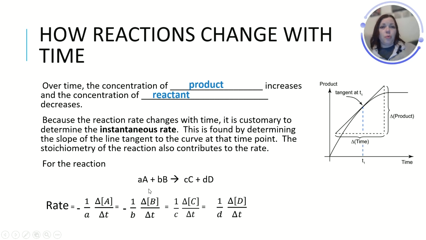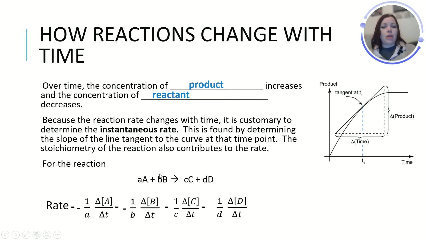Okay, so what does that actually mean? If you know how fast A is being consumed, then we know that B is being consumed b times as fast, if you want to think of it that way. So if your a is 1 and your b here is 3 for your coefficients, if we know the rate of A, we know that B is being used up 3 times as fast. And so that's why you see this coefficient down here next to your time, right?